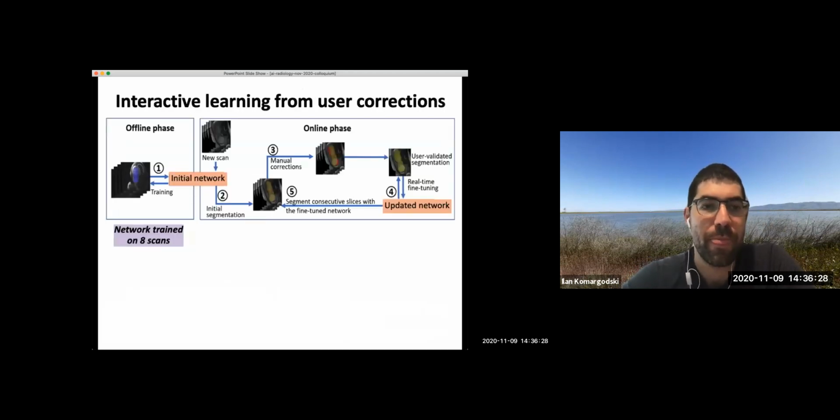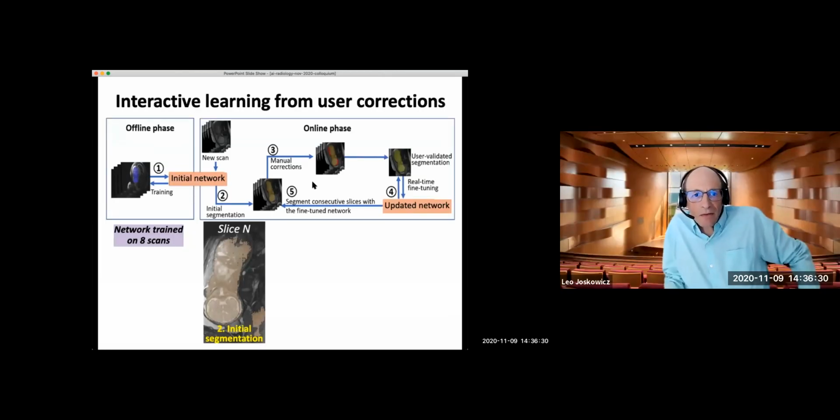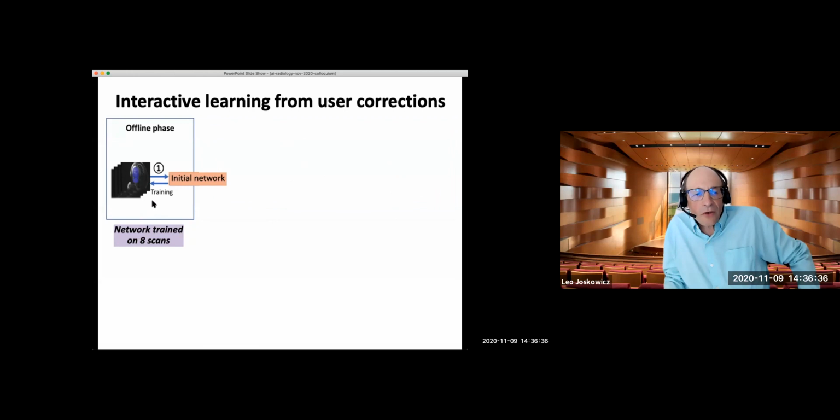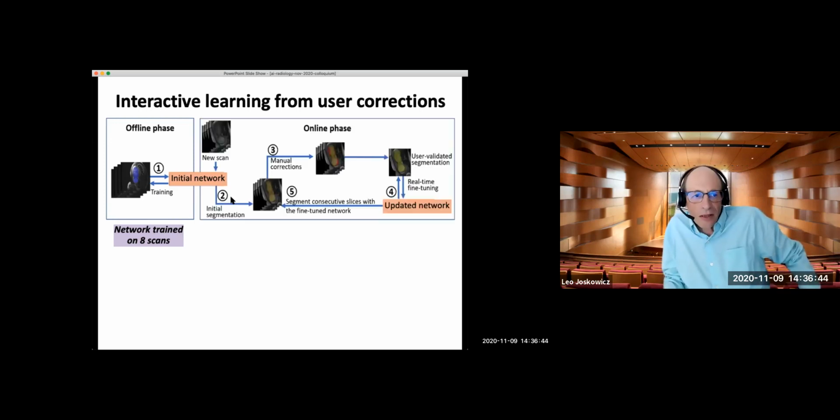Okay. So here's an example of interactive learning for user corrections. You train a network with very few data sets, 8 scans. I should mention that each one of these manual delineations takes over 1 hour from an expert radiologist. And then when a new scan comes in, you're going to generate an initial segmentation. This segmentation is going to have an error, of course.